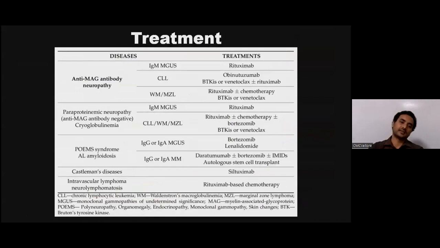Now, overall, finally treatment wise, anti-MAG neuropathies or paraproteinemic neuropathies. Right now, the best drug what we'll be using will be the rituximab mostly, and hematology will be using, if it is POEMS, lenalidomide and DEXA protocol, and for POEMS, AL amyloidosis, bortezomib, lenalidomide, and some other new drugs.